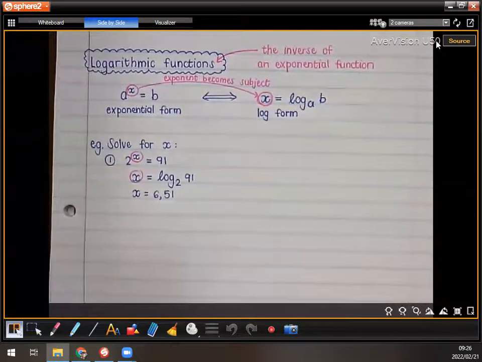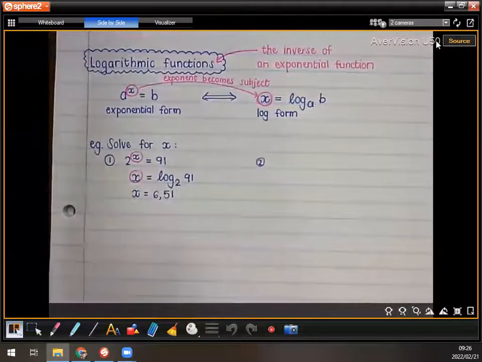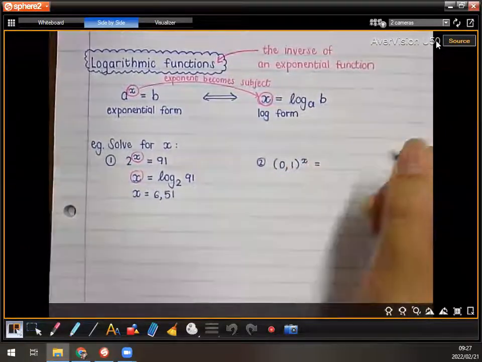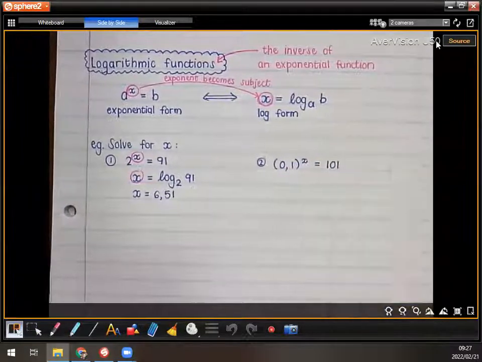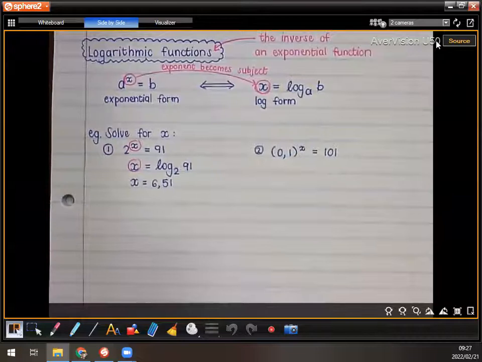Right. I want you guys to do this one just on your own. You're going to use the same method. Let's do this one. 0,1 to the power of x is equal to 101. Do that one, please, on your own quickly. 0,1 to the power of x is equal to 101. And guys, obviously, if it's one where you can write both sides of the same base, then you're welcome to do that.